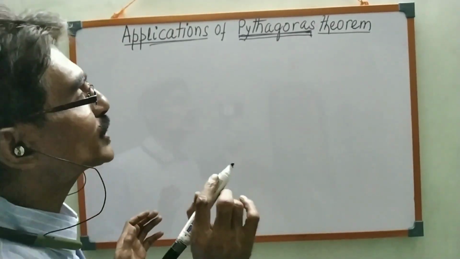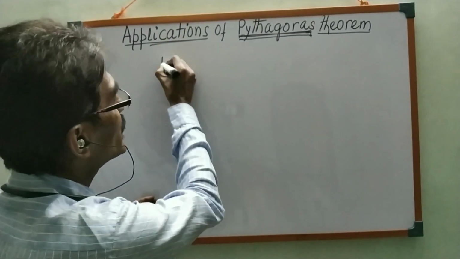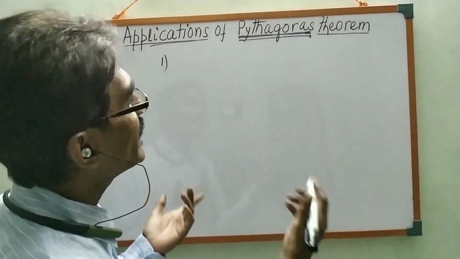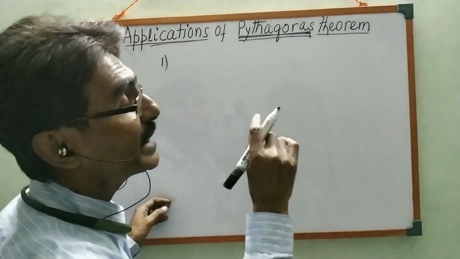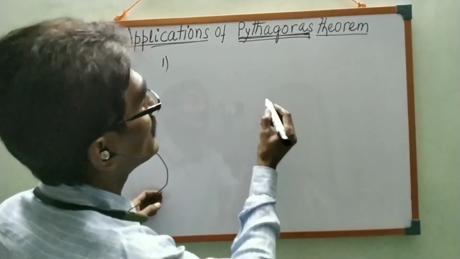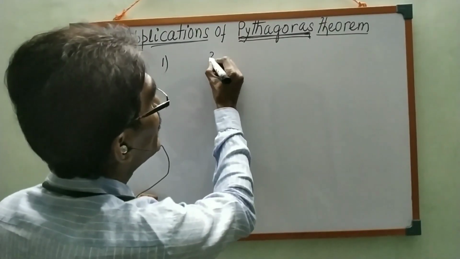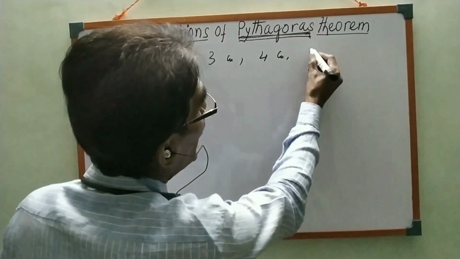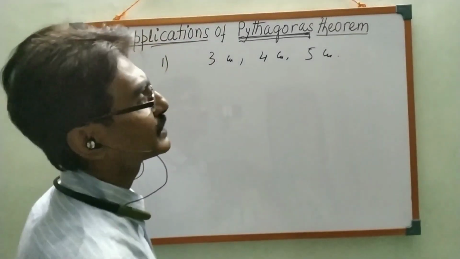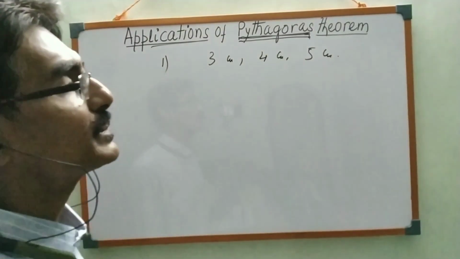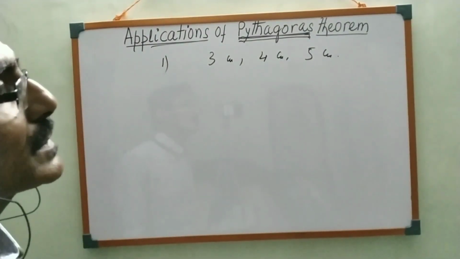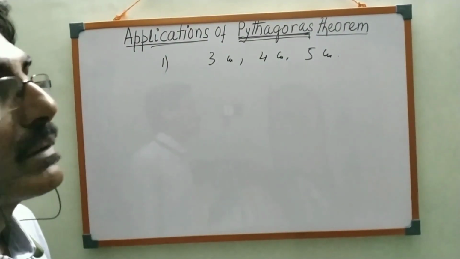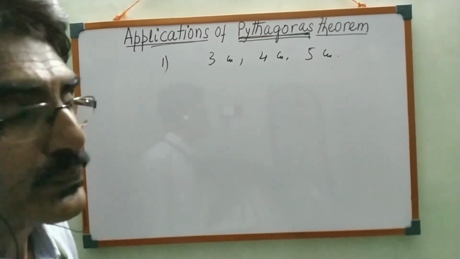For example, as a short question, say question number 1, it is given that the three sides of a triangle are like 3 centimeter, 4 centimeter and 5 centimeter. We are going to test whether the triangle is right angle or not.